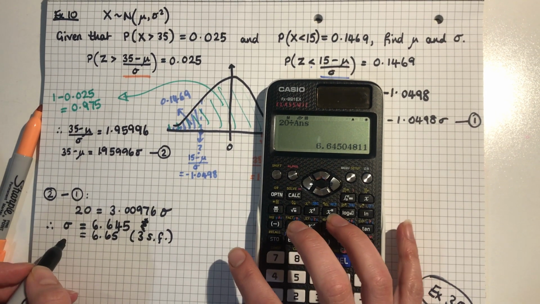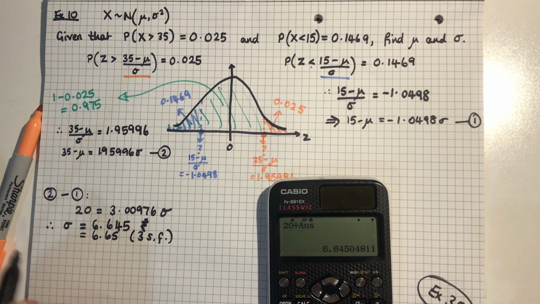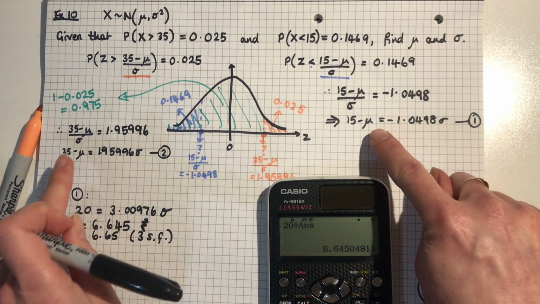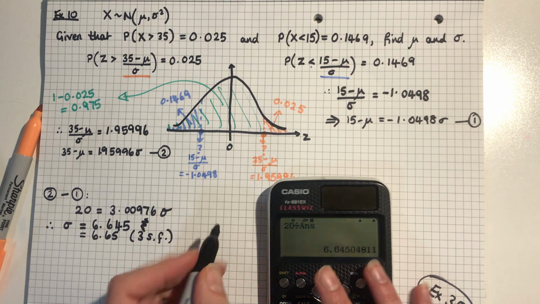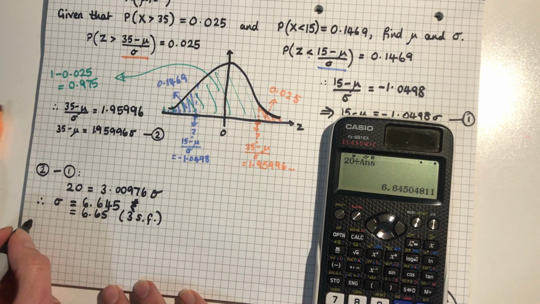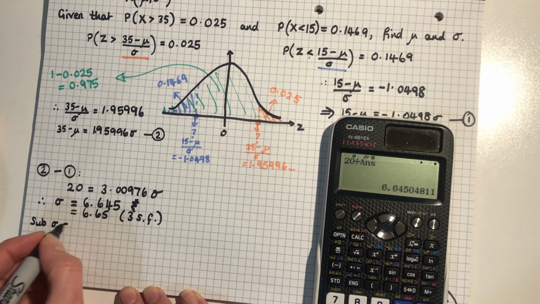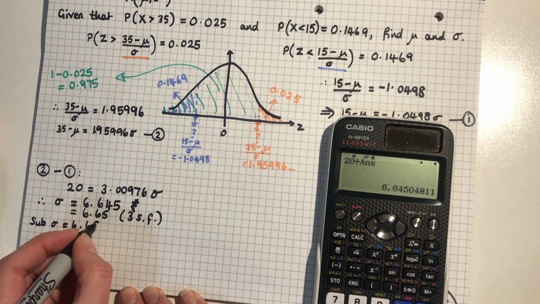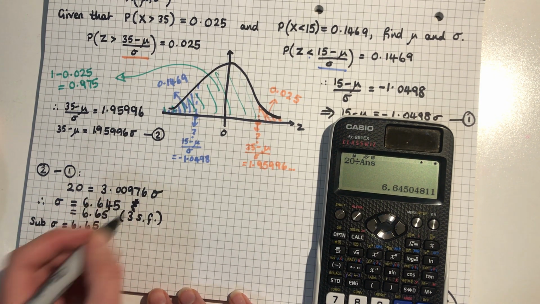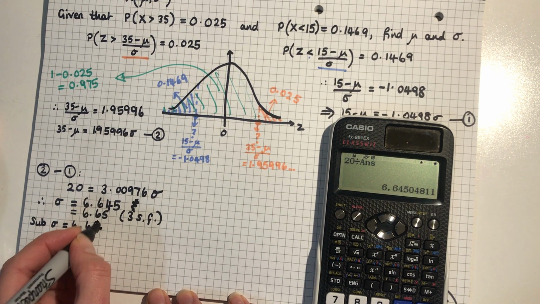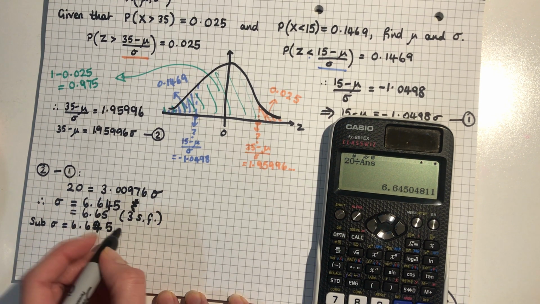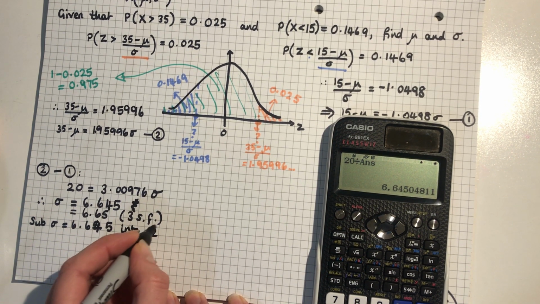Now, when I've worked out sigma, then to find out mu, I need to substitute sigma back into one of these two equations. So let's just go for equation 2. So now we will sub in sigma is 6.65. I'm going to be a little more detailed actually. I'll keep it with the 6.645 for now, into equation 2.